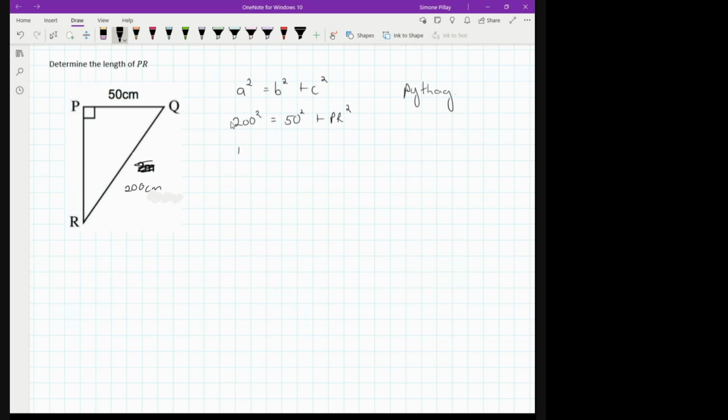I don't think it's 4,000. Let me pull out my calculator. Because remember, it's going to be 2 times 2, which would be the 4. And then it would be the 4 zeros. So 1, 2, 3, 4. 40,000. There you go, 40,000. So 40,000 is equals to 2,500 plus PR squared.